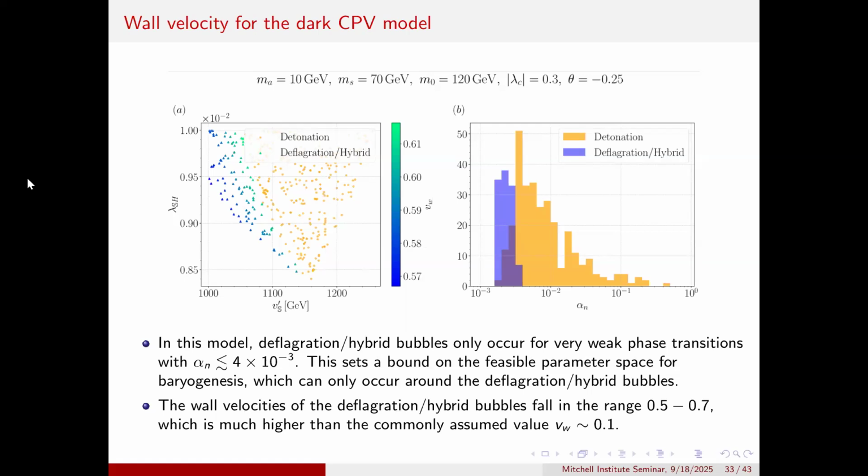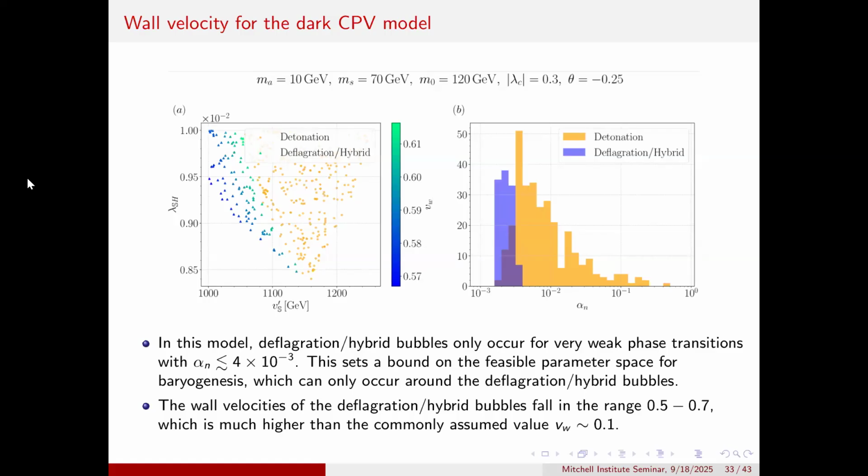The intuition is that the lower the wall velocity, the longer time you have to generate baryon asymmetry. If the wall is moving too fast, it would just take all the baryons into the broken phase, and the sphaleron is inactive. So this is why people like to choose a low VW.